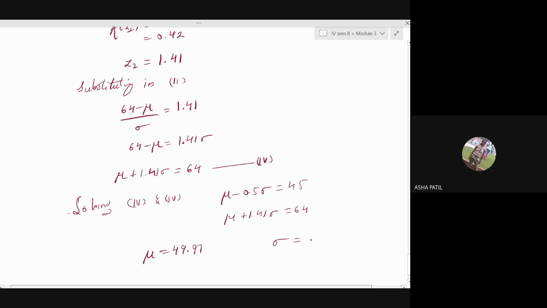And sigma is 9.947, 9.94. So you can even write mu as 50, or else keep it as it is, no problem. You can write 49.99, no problem. And here you can write sigma as 10.